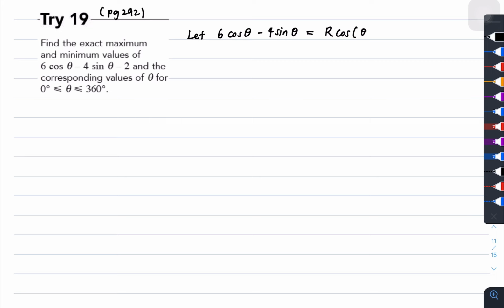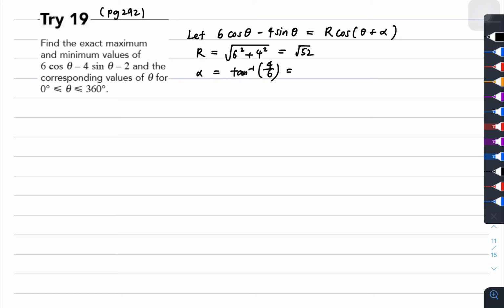Now, if the sign over here is a minus, I can put a plus over here, theta plus alpha. So what I need to do is to get the value of r and alpha. The value of r is the square root of 6 square plus 4 square, which gives me root 52. Then alpha is equal to tangent inverse of b over a.